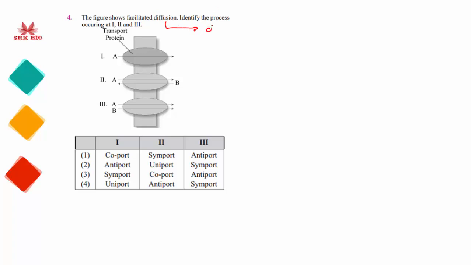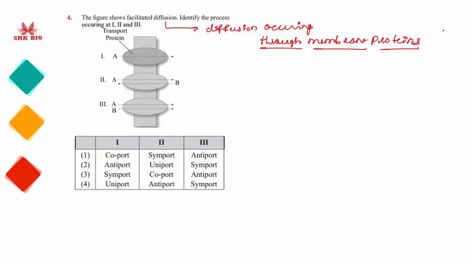Facilitated diffusion is nothing but the diffusion occurring through membrane proteins. Membrane is nothing but plasma membrane. The membrane proteins are allowing for the diffusion. If the diffusion occurs through the membrane proteins, it is called the facilitated diffusion.